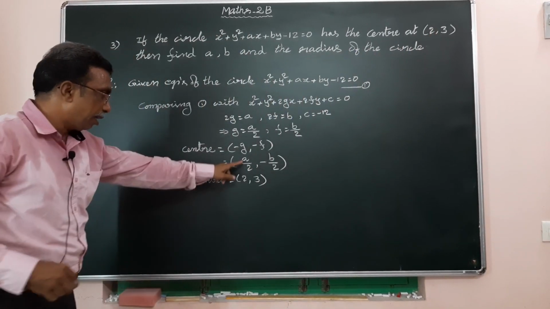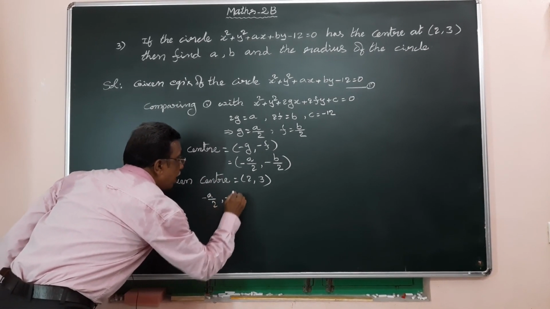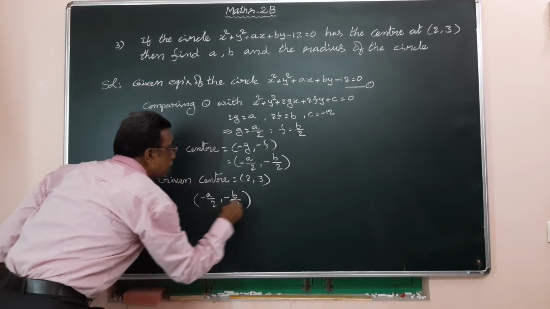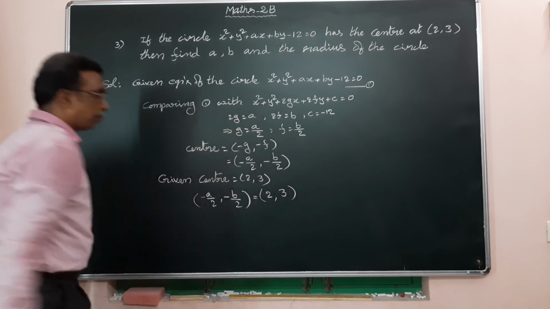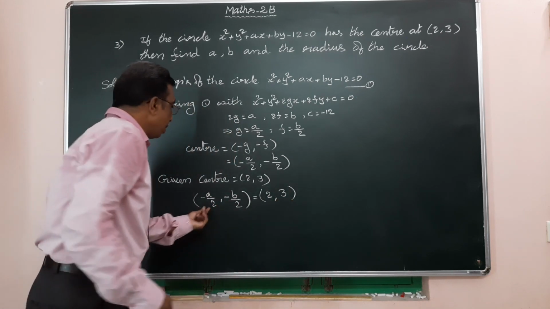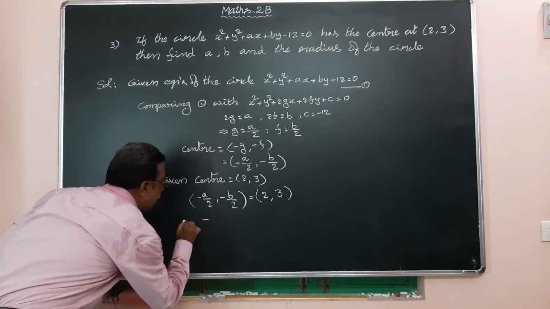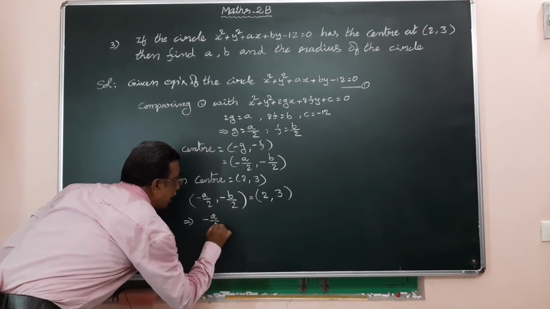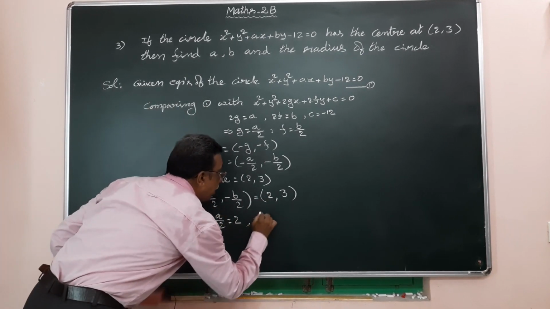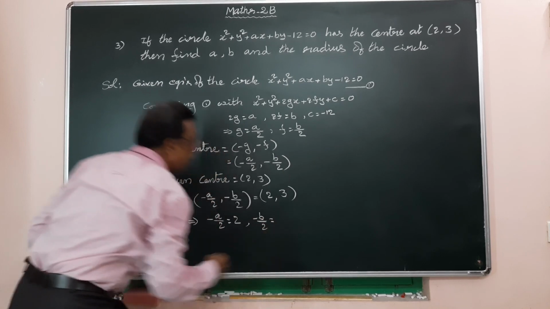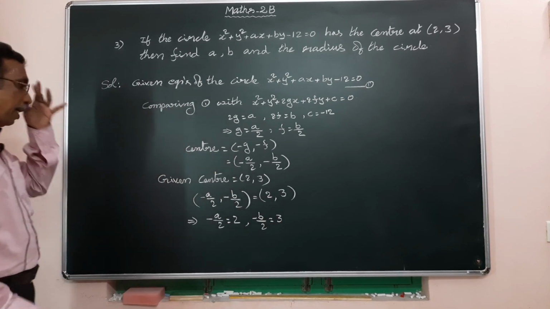Now equating these two: (minus a by 2, minus b by 2) equal to (2, 3). X coordinate, y coordinate. Equating x coordinates, minus a by 2 equal to 2, and minus b by 2 equal to 3.